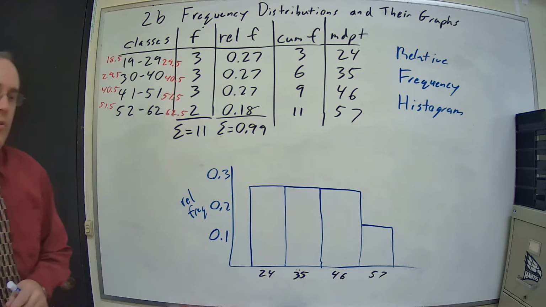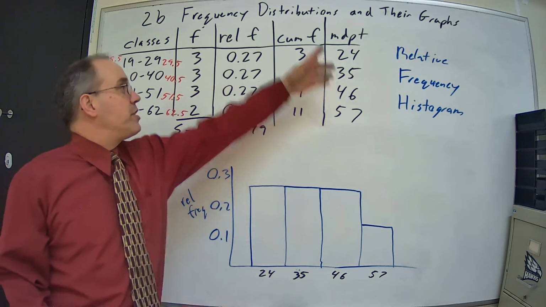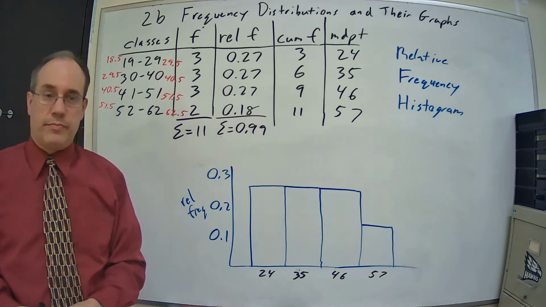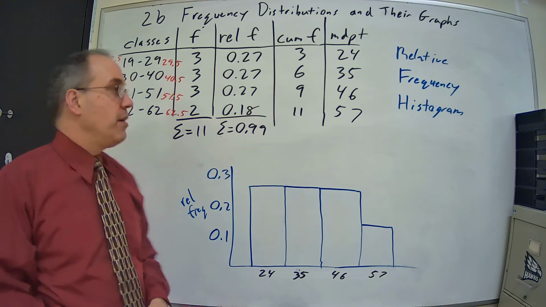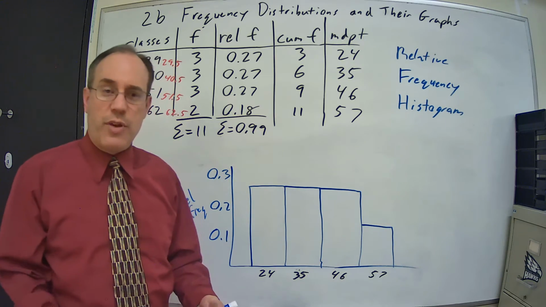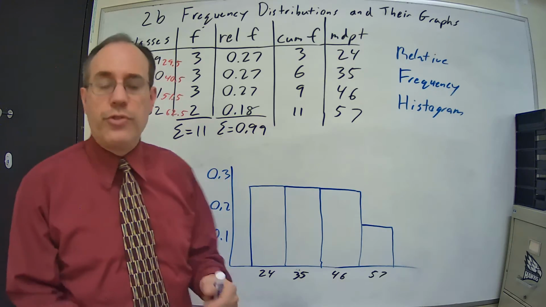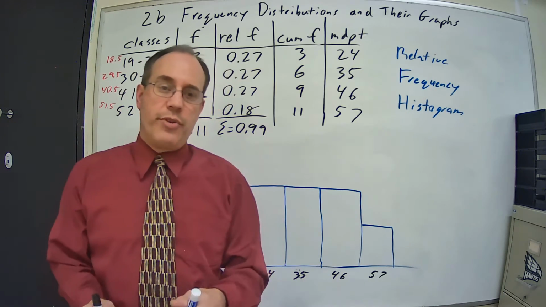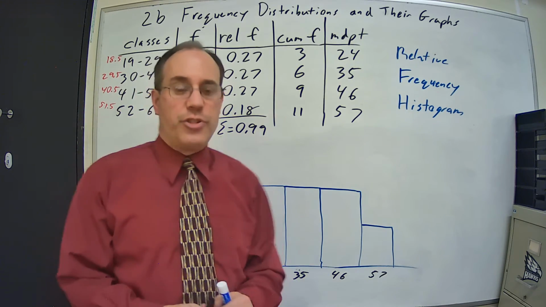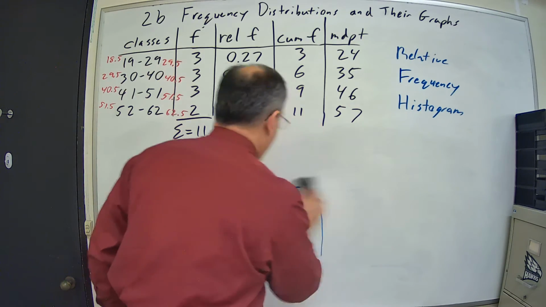So that's what it would look like if we were dealing with a relative frequency histogram using midpoints. So there we go. Now we've dealt with our histograms. We do a frequency histogram or a relative frequency histogram. Remember, for histograms, you can choose to use the class boundaries or the midpoints. That is your choice. So let's get that out of the way.